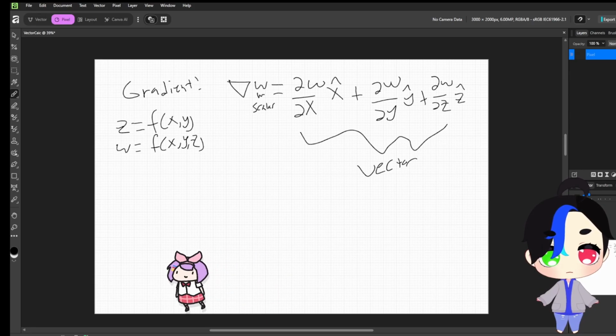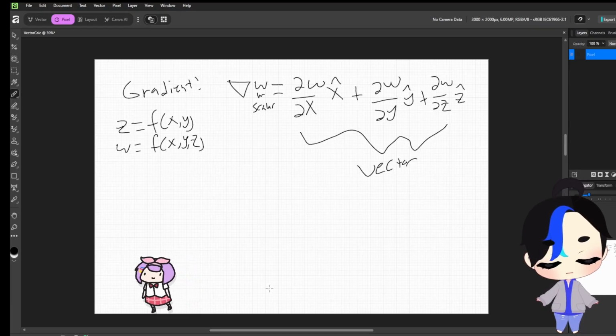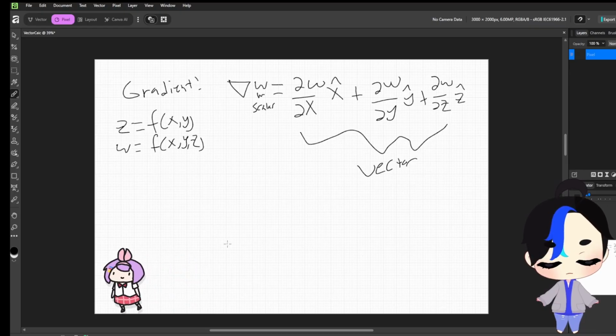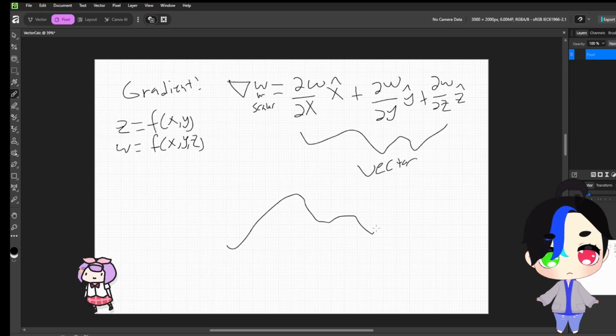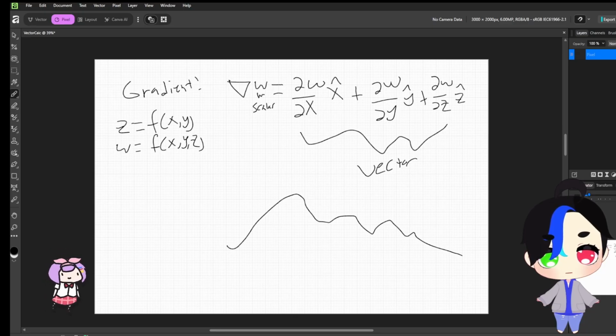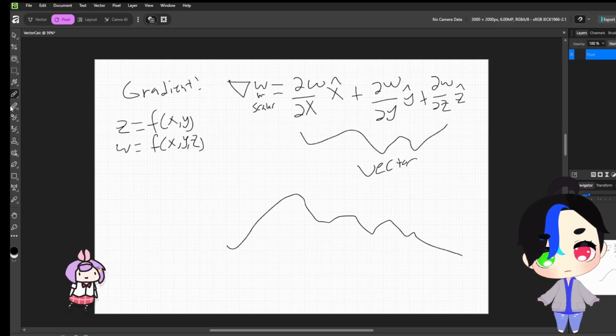For instance, if you had some hill, some geographic terrain, the gradient would tell you where in this hilly area it is steepest. Where does it get higher faster?